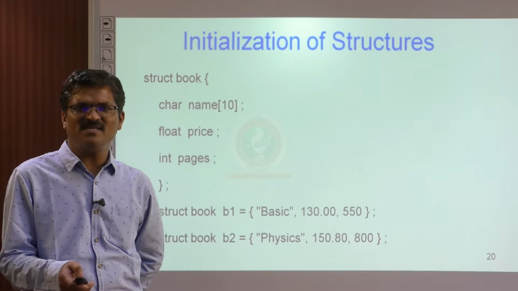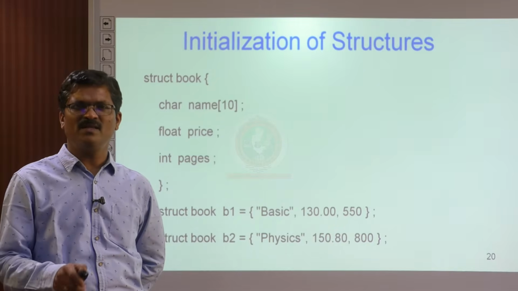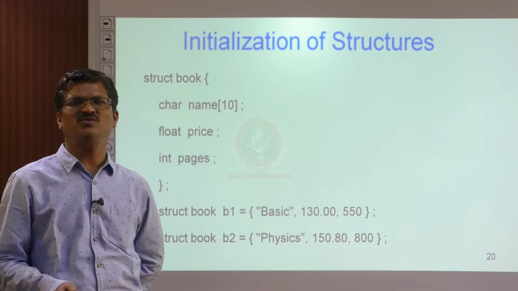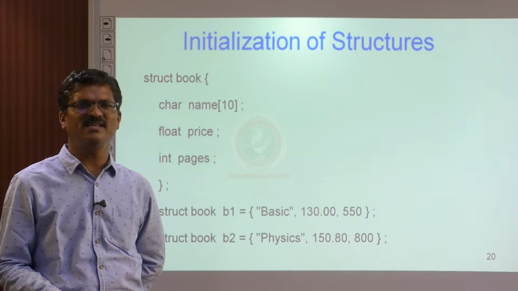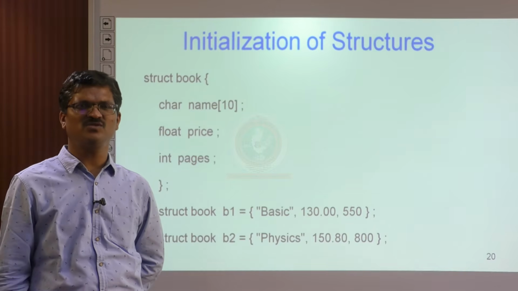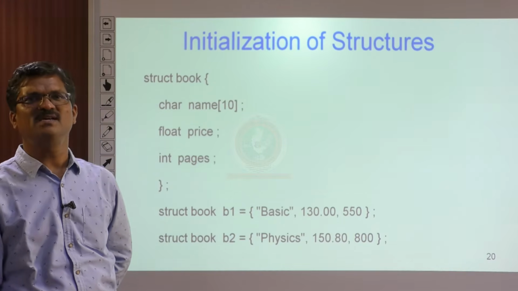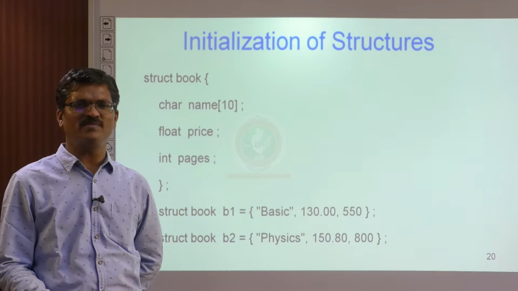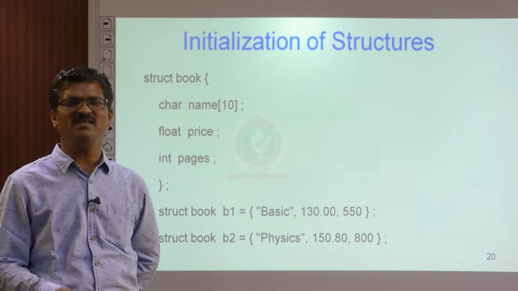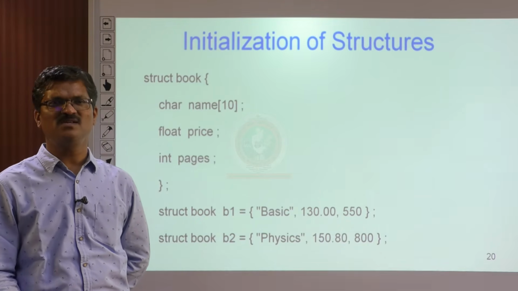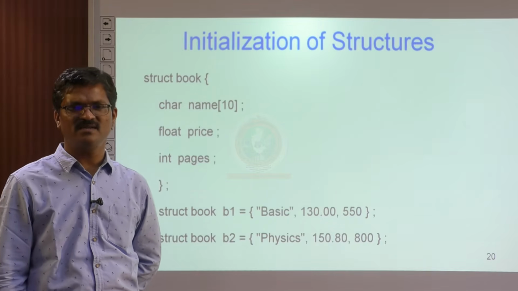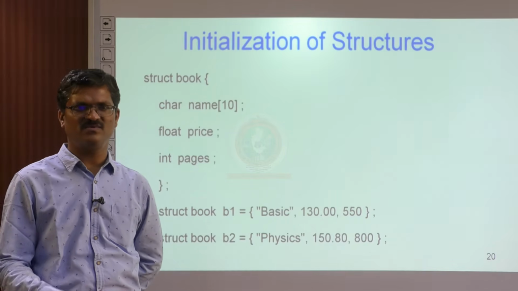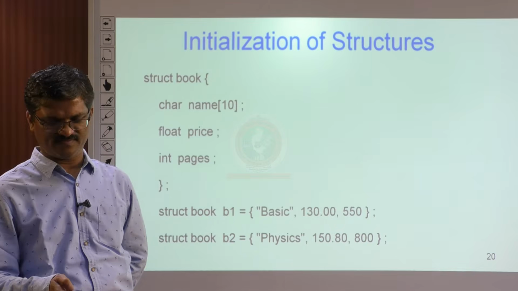So, the properties, as I was telling previously, the attribute values associated with a particular object are grouped together and initialized here corresponding to structure variable B1. In the same way, another book B2 can be initialized to hold values like physics, 150.80 and 800 pages.